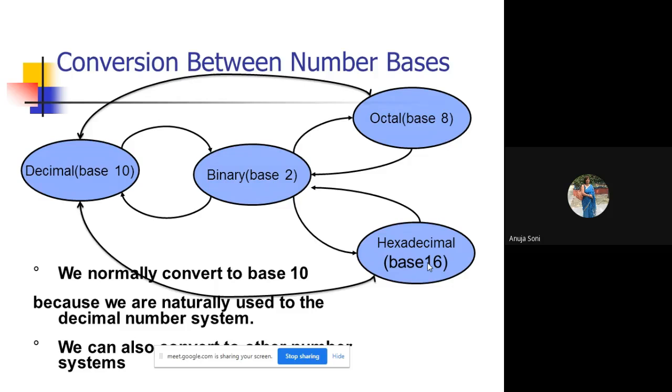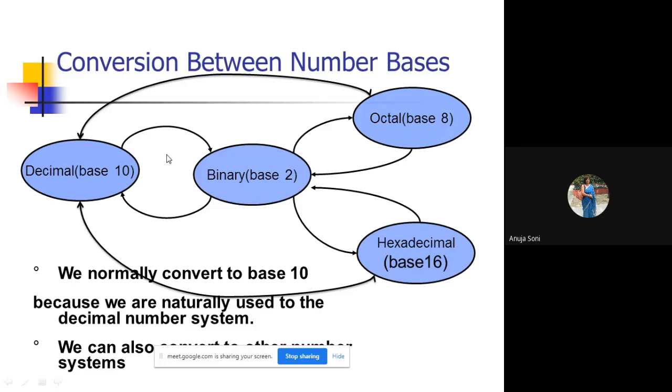Second case will be the vice versa. We are given a number either in binary or in octal or in hexa, and it needs to be converted into decimal. Again, I'm repeating here.